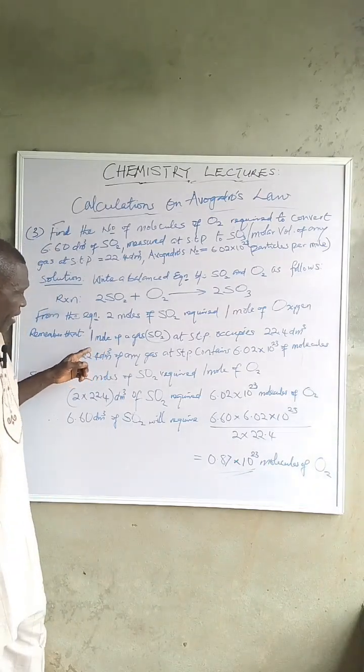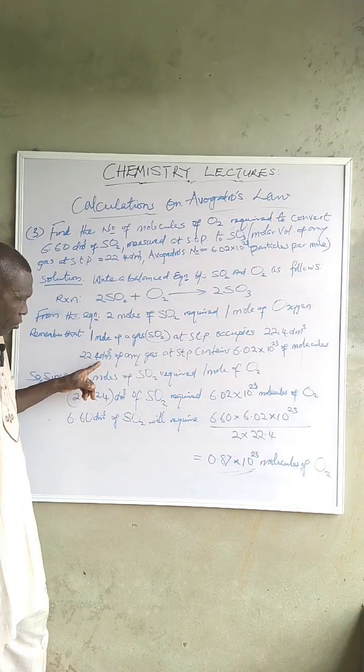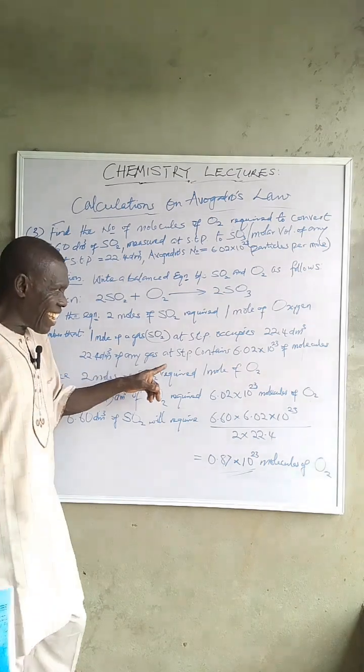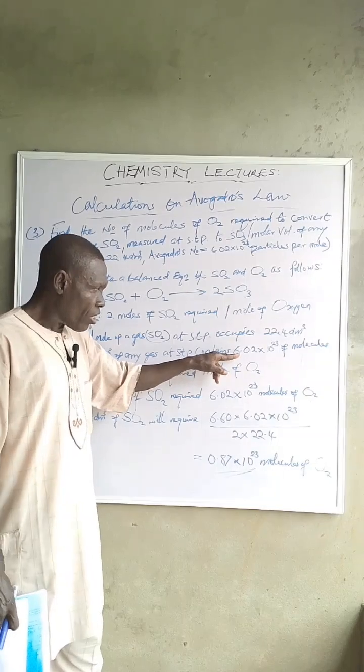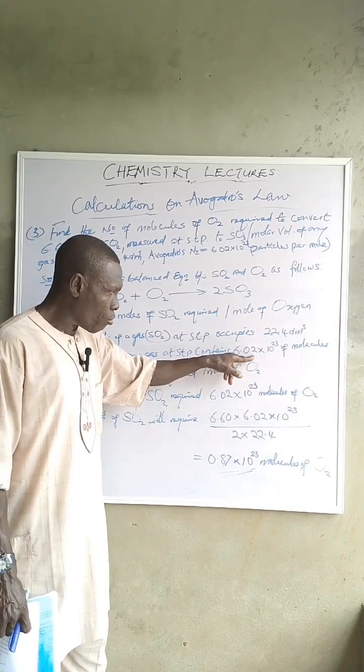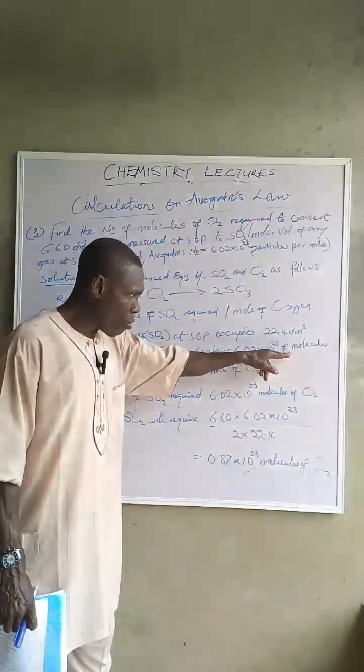So therefore, 22.4 dm cube of any gas at STP contains what? 6.02 times 10 to the power 23 molecules. That's Avogadro.